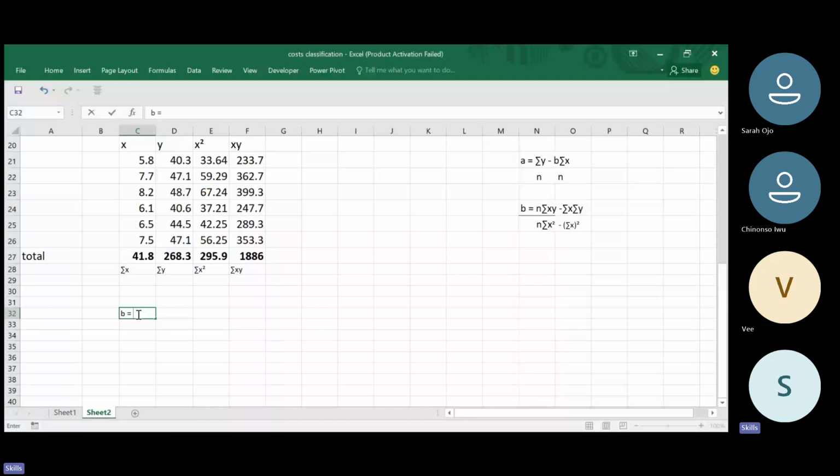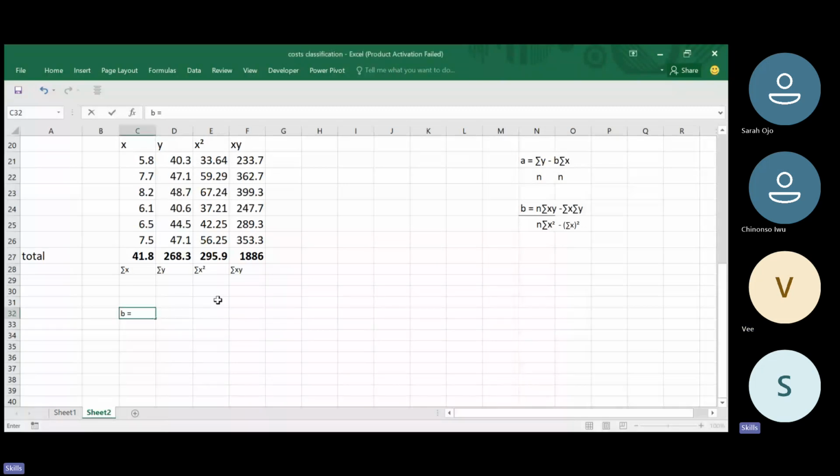N refers to the total number. How many numbers do we have? 1, 2, 3, 4, 5, 6. Are we together? Yes, we have 6. So the number is 6.